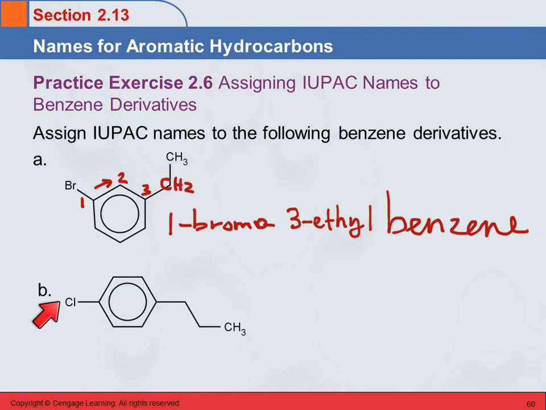Chlorine comes first in the alphabet, so we want to give that number 1. When we count around, this is number 4. So this would be 1-chloro-4-propylbenzene.